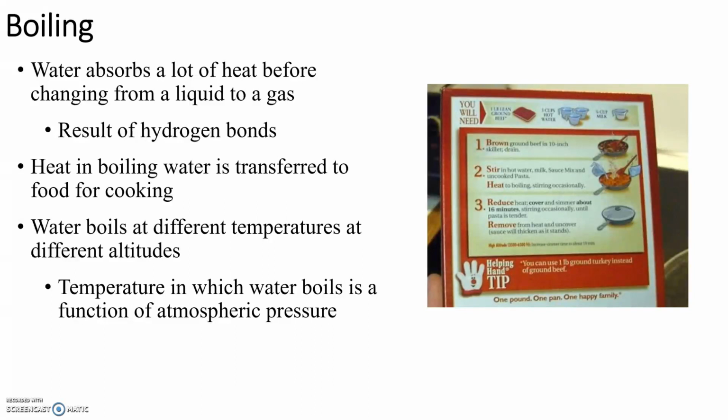As a result, if you look at a lot of recipes or cooking instructions, it's not very clear here, but it gives you some directions for high altitude. Oftentimes you have to increase the amount of time you cook a food in order for it to be fully cooked because that temperature is lower at a higher altitude.